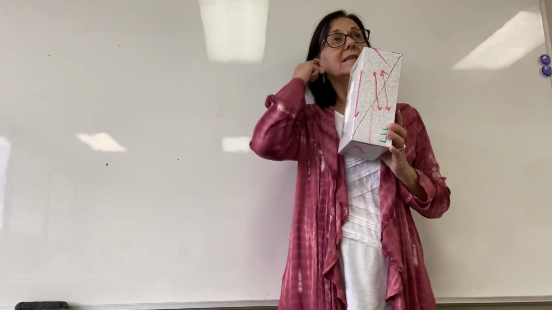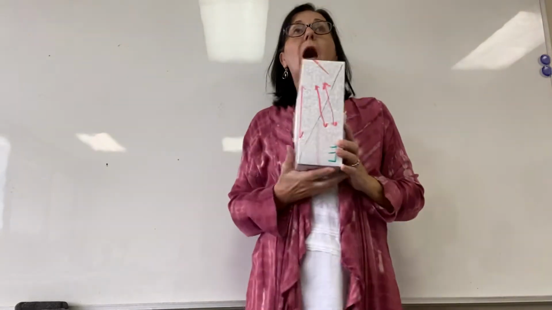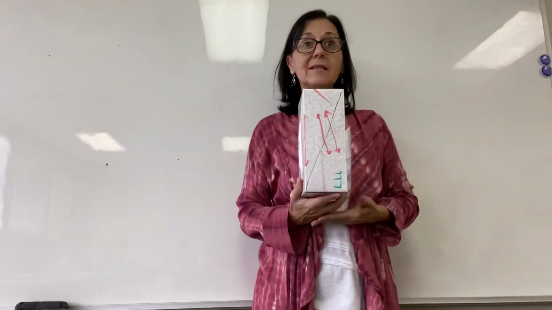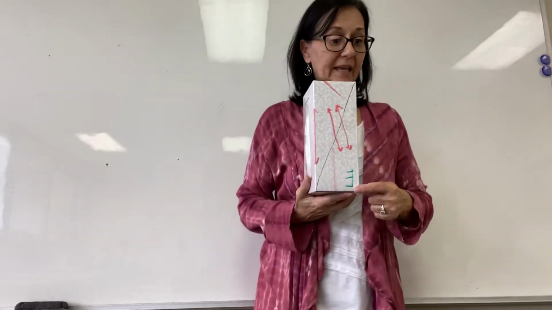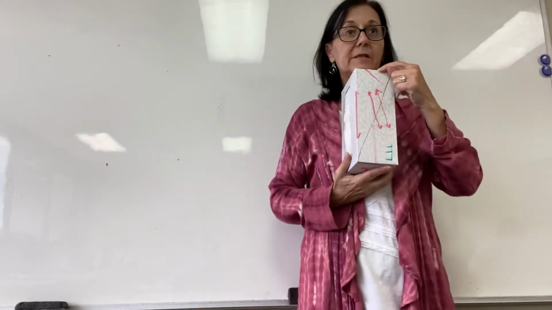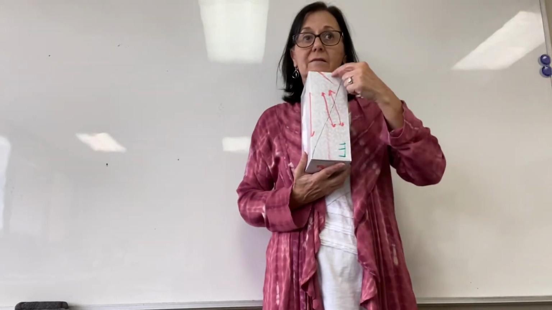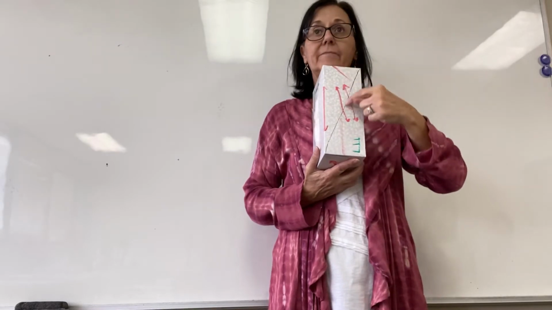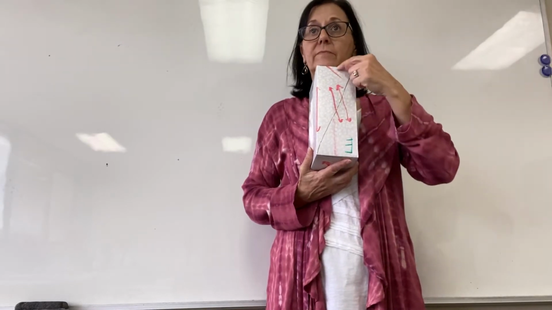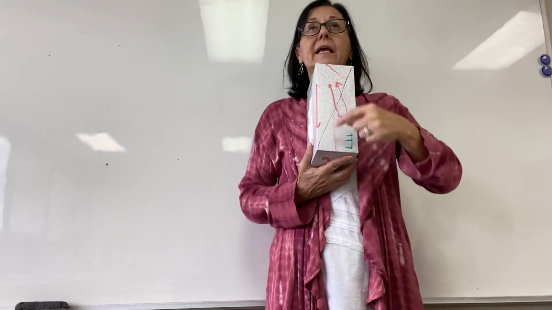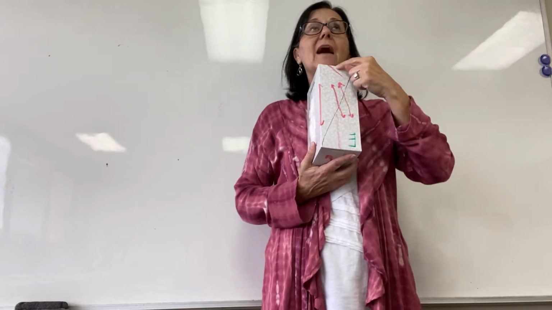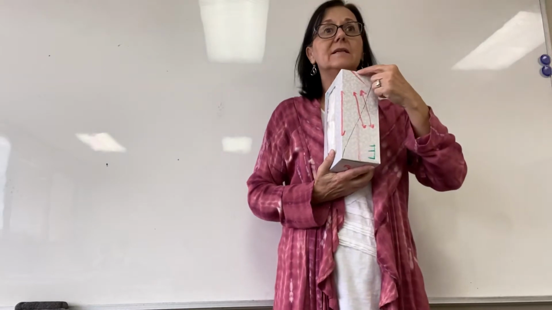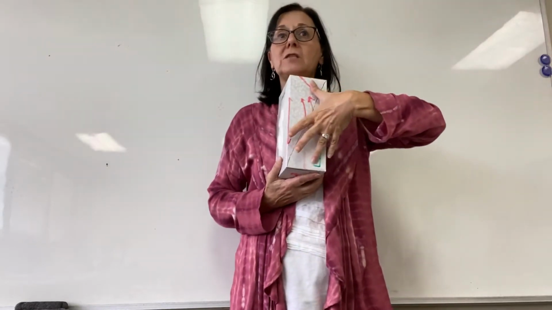If it is a right prism, that means the lateral face is perpendicular to the base, and the altitude of the prism would be this right here, the length of one of your quadrilaterals. The altitude of every prism is the height that is perpendicular to both bases.